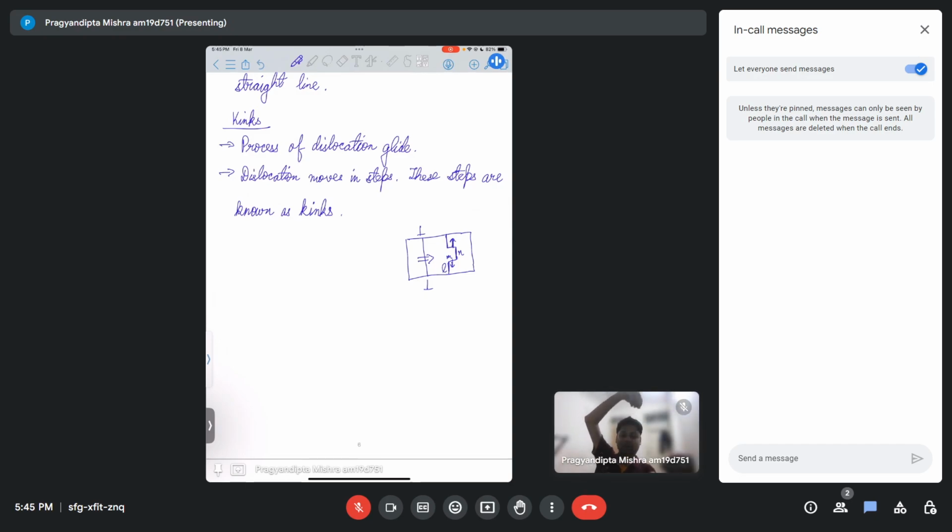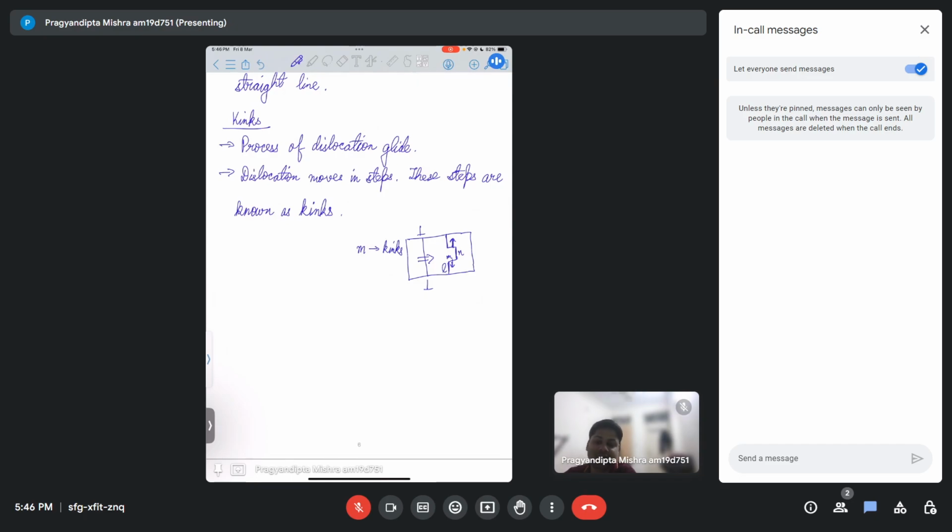So this N region will start growing, while the L region will shorten. The N region will grow, and the dislocation has now moved to the new place. That is what will happen. So this M region, let me just put it here, are the kinks.